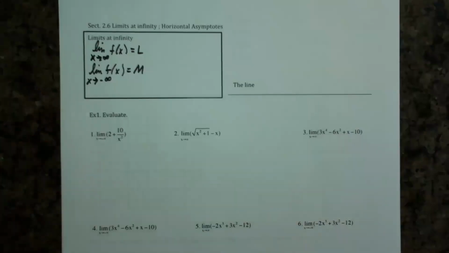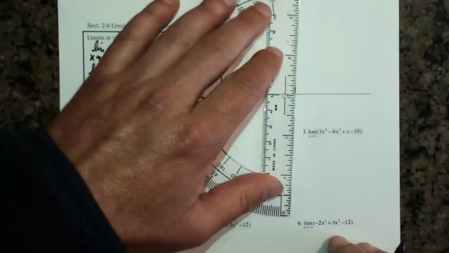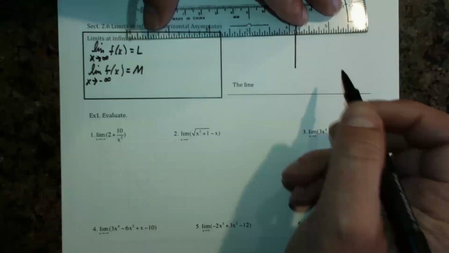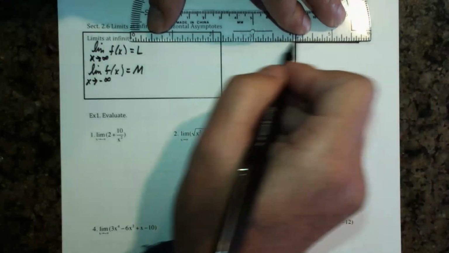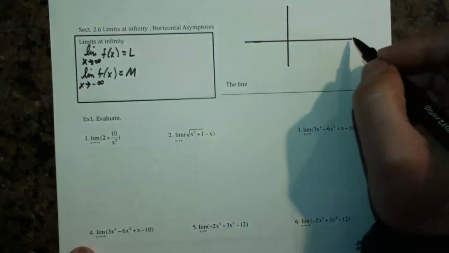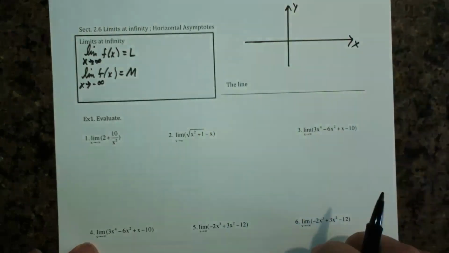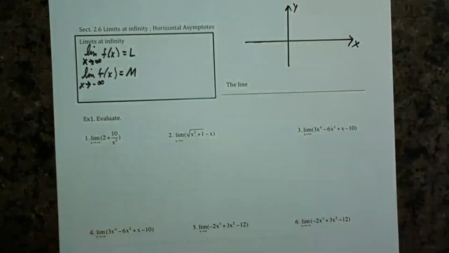We'll call that limit m. And I want to show you a graph of kind of what I mean. Get a nice good visual going on here. And I'm going to have a horizontal asymptote here.